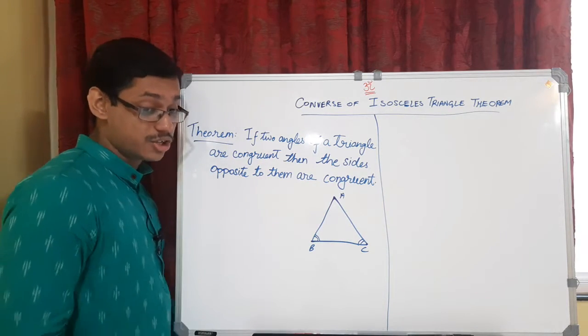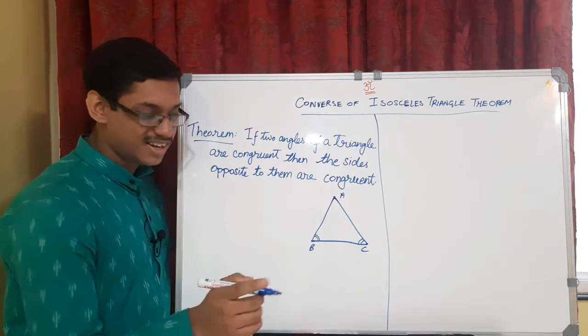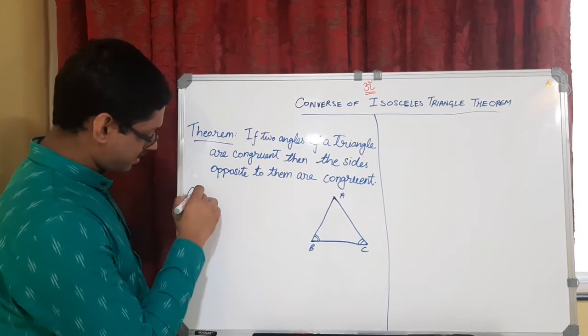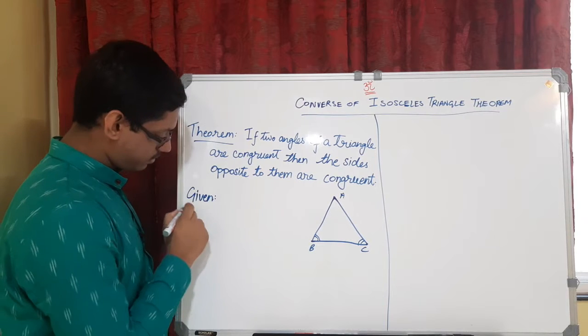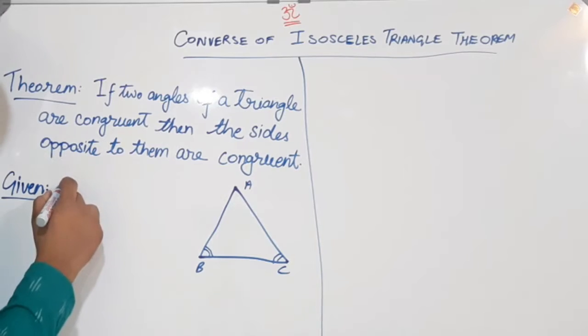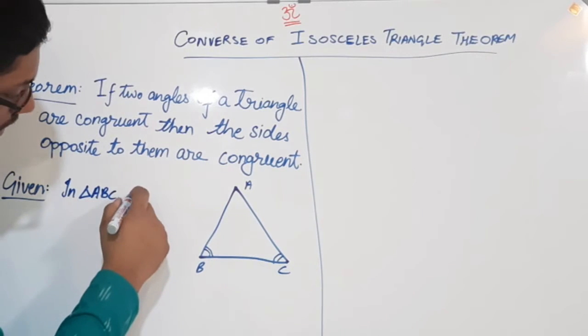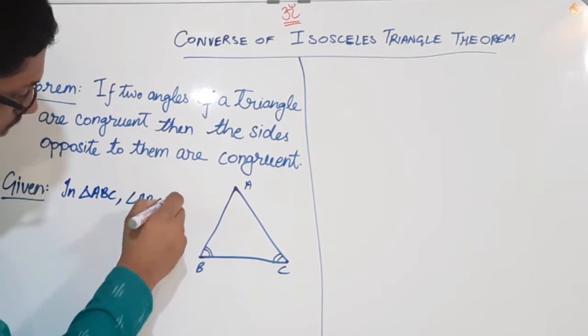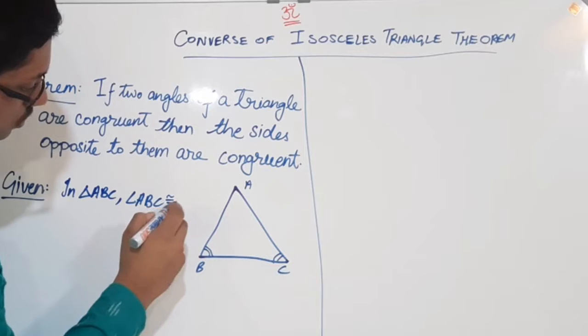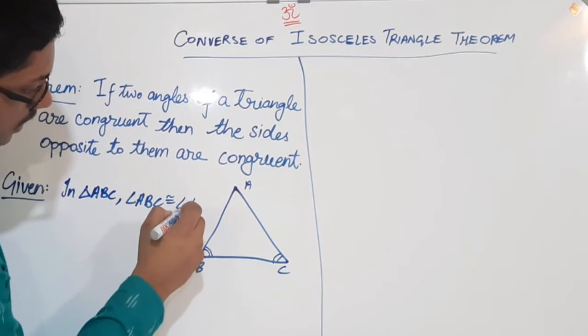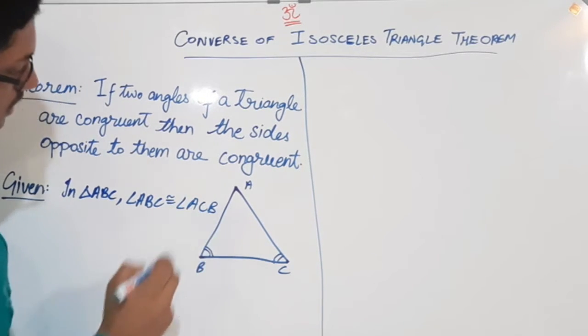Now what should be the given here? Sir, angle ABC is congruent to angle ACB. Correct. Given is in triangle ABC, angle ABC is equal to or congruent to angle ACB.